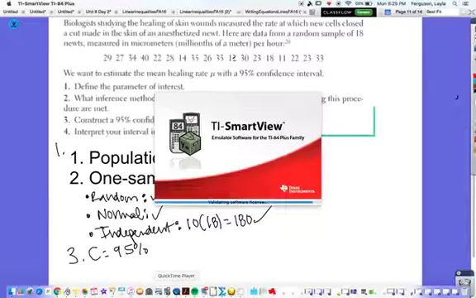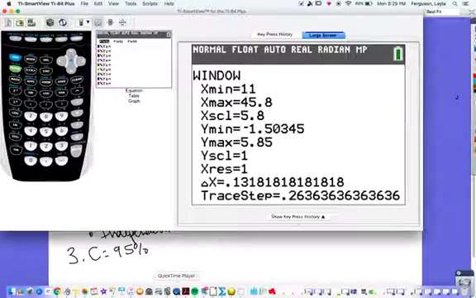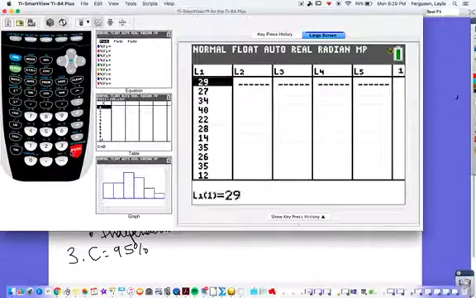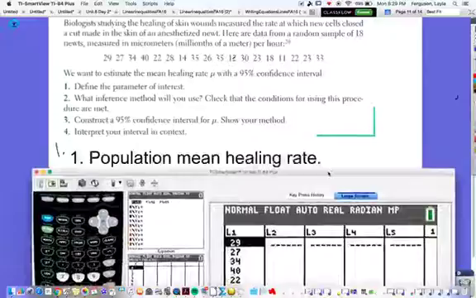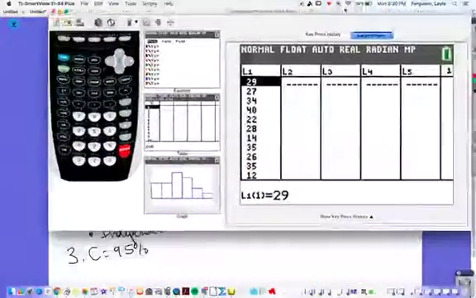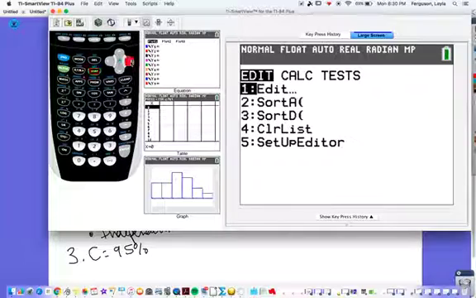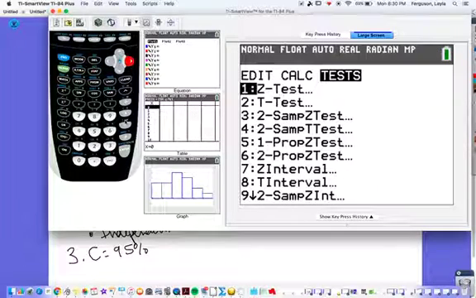What you want to do first is make sure that all of your sample is listed in L1. I have already done that, and L1 should be all the numbers from our sample. Then you're going to go to Stat, over to Tests, and do a T interval.